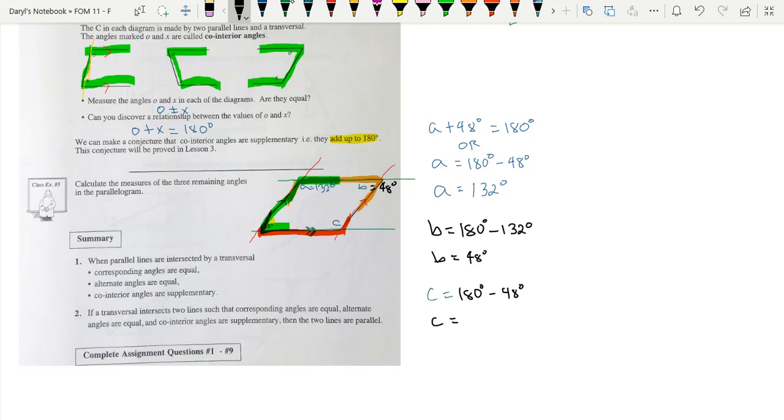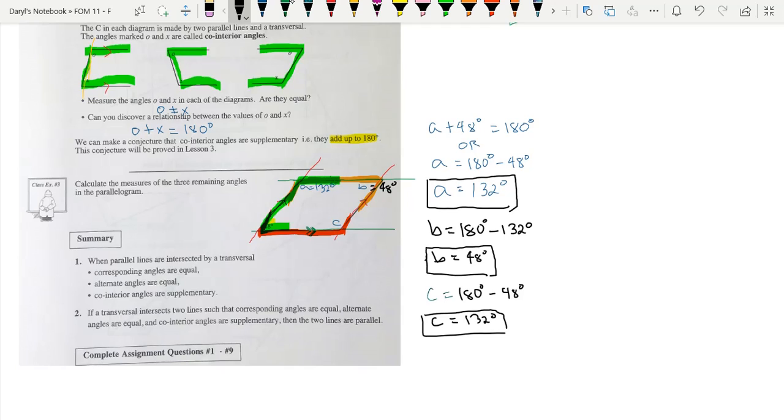And that gives me 132 degrees. Okay. Although you can also make a case of using the other angle relationships that you know for parallel lines and the transversal.